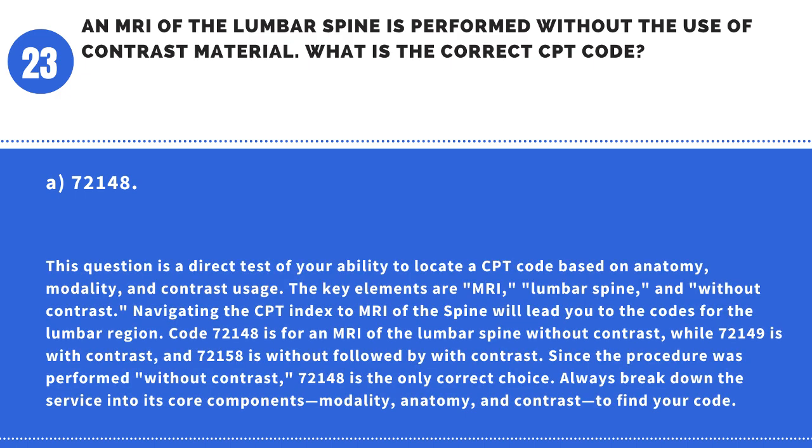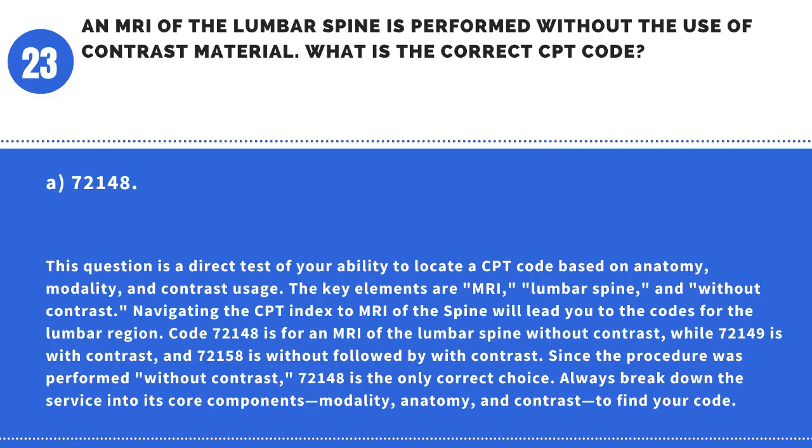Answer A. 72148. This question is a direct test of your ability to locate a CPT code based on anatomy, modality, and contrast usage. The key elements are MRI, lumbar spine, and without contrast. Navigating the CPT index to MRI of the spine will lead you to the codes for the lumbar region.